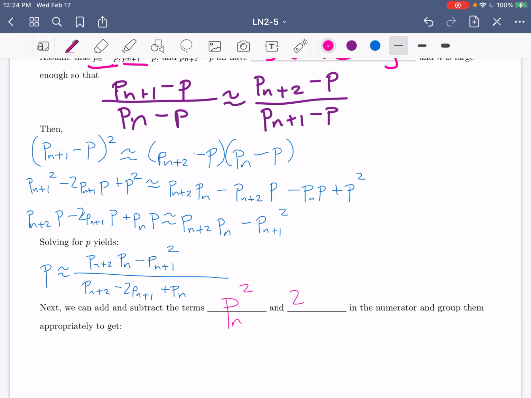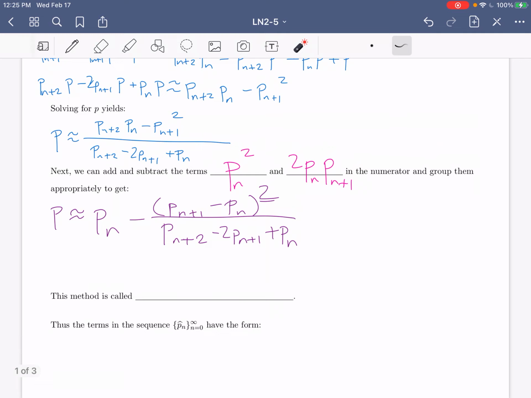So that gives us a way that we can find a new guess. We're going to find our new guess by combining things appropriately, right? So this method, this process, is called Aitken's method, Aitken's delta squared method.